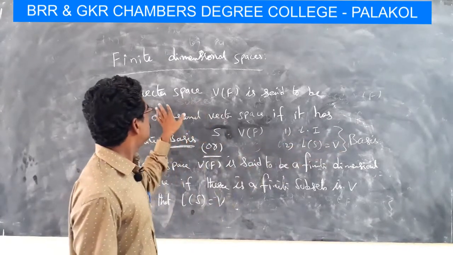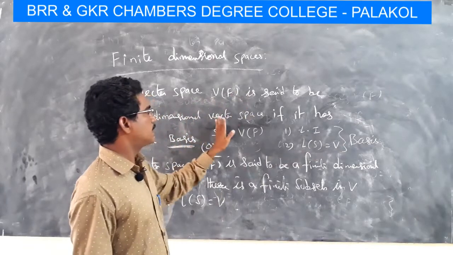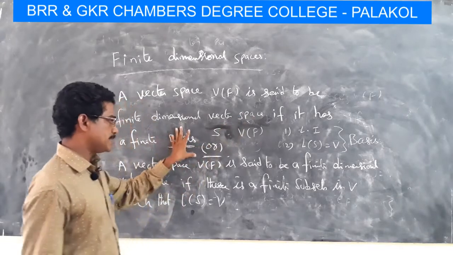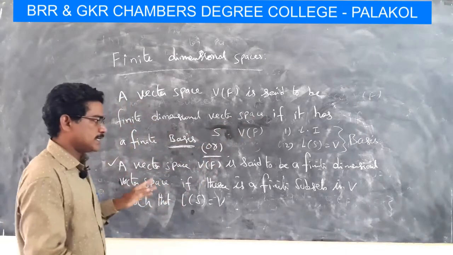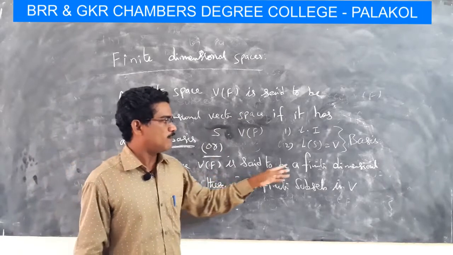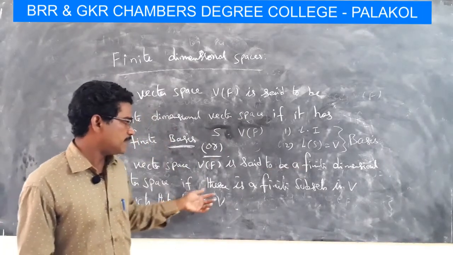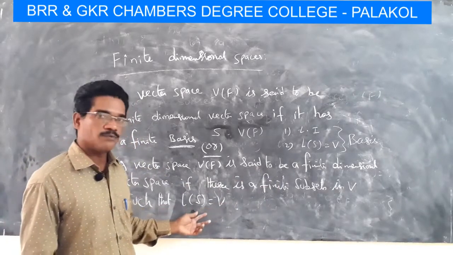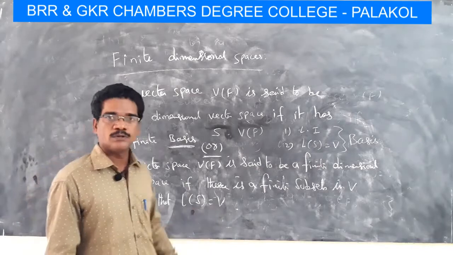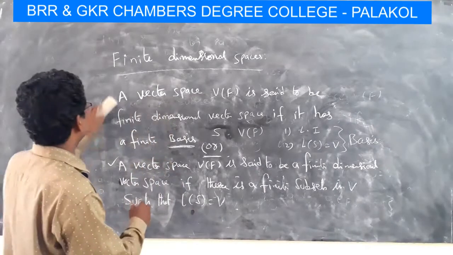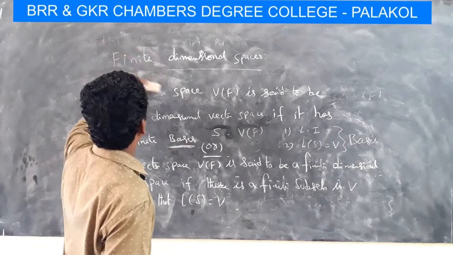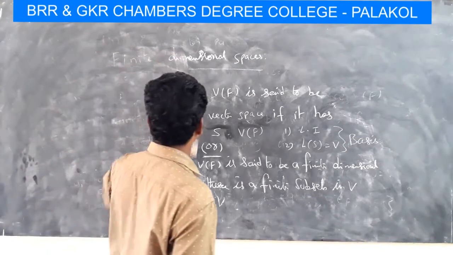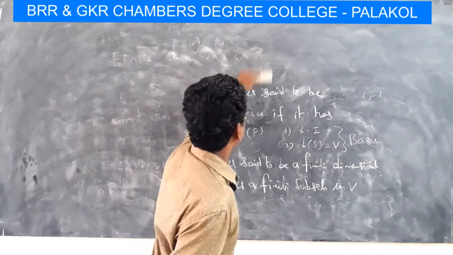Another definition is that a vector space V over F is finite dimensional if there is a finite subset S in V such that L of S is equal to V. This is the definition of finite dimensional vector spaces.